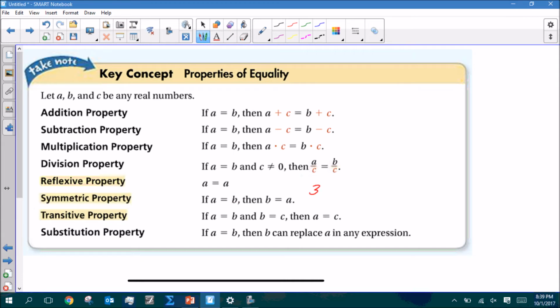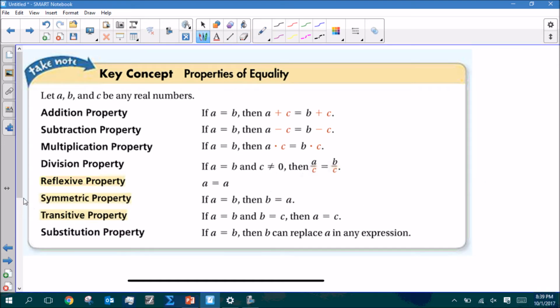If I have 3 is equal to 1/2 x plus 7, some people don't like seeing it that way, so they rewrite it. So this is what we start with. If we start with this, then we can rewrite it as 1/2 x plus 7 equals 3. It just allows you to flip the left-hand side and the right-hand side. For your convenience, it might make things seem a little bit easier for some of us. But what allows that to happen is the symmetric property.